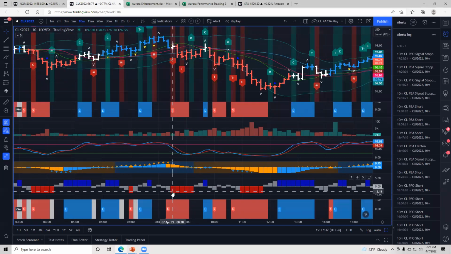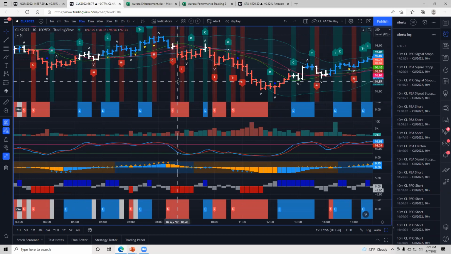We have short PFO, and we have short CXA. That's a 3A entry because we have 1, 2, 3 signals aligned, all in the one time frame, and we don't have a conflict in the price bar. It's white, it's neutral.